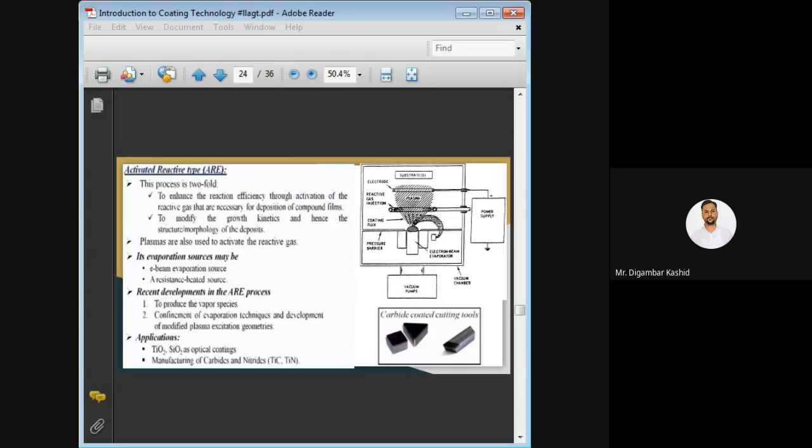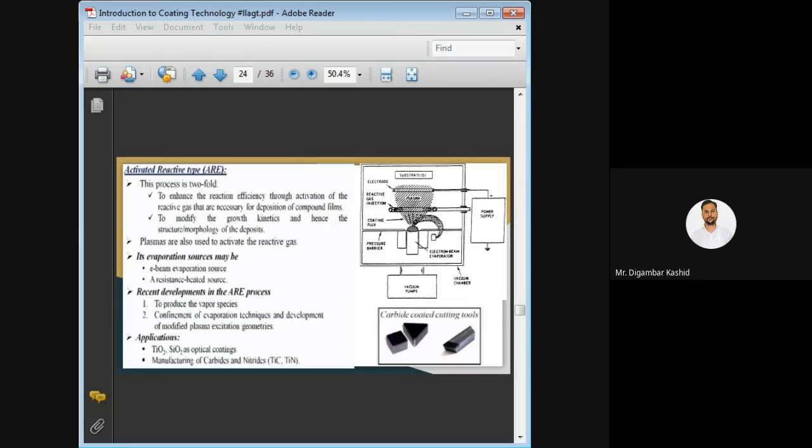Then here we can use some kind of inserts, sorry, not inert gas, inserts. Generally we use them for cutting tools, because if we make a cutting tool entirely from this kind of material, it is very expensive. So generally we use a cutting tool made of HSS, high speed steel, and the tip of that tool can be changed easily.